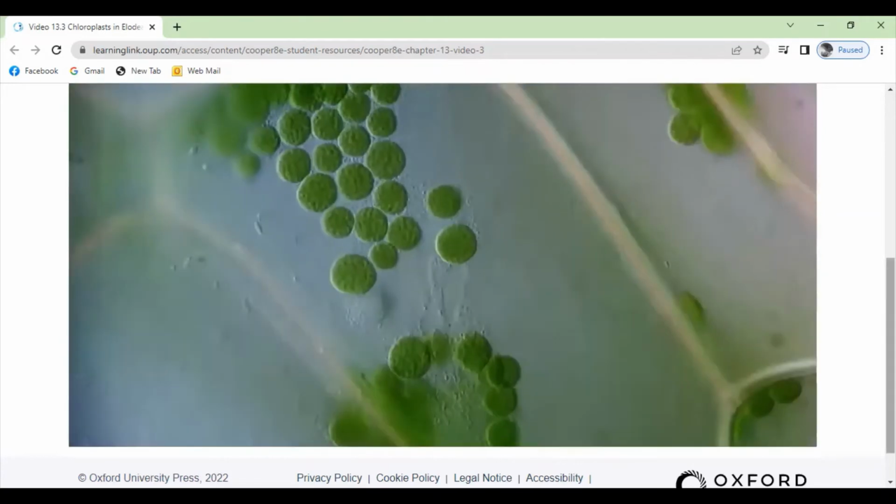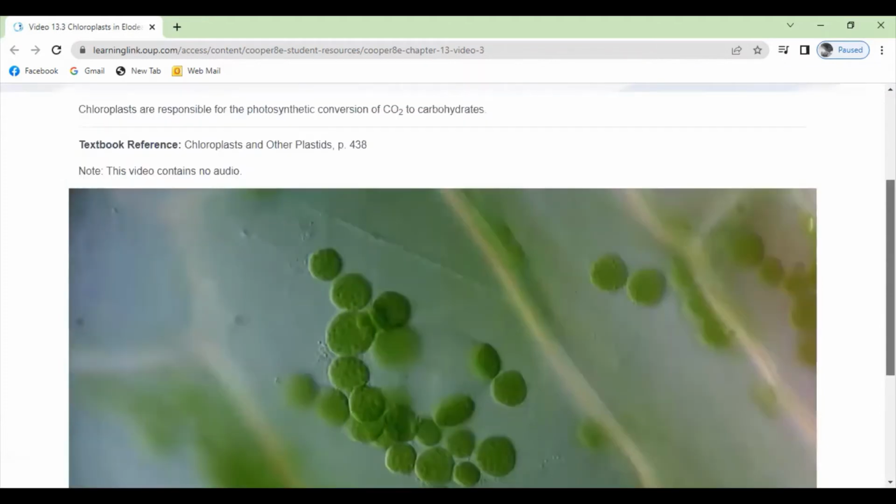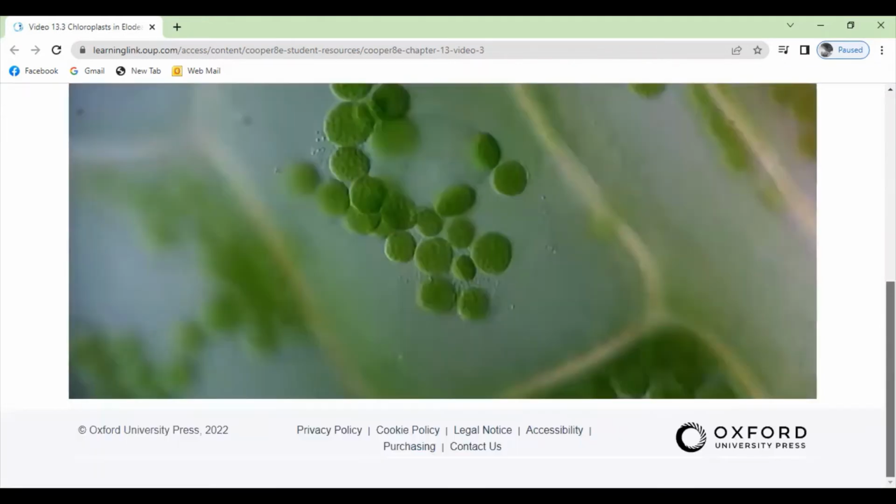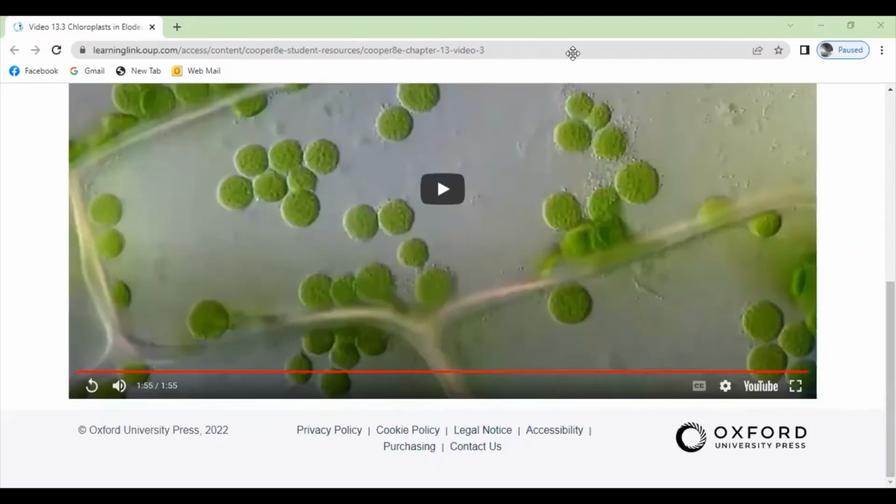So what we have shown over here is the dynamics of the chloroplast. Okay, let's go back. Okay, so anyone else who would like to give the answer why the other organelles were not seen and only chloroplast was seen? It's okay even if it is wrong, but I just want you guys to have that thinking ability.